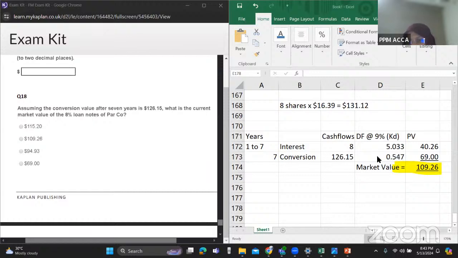Like in this case, we need 2 particular answers. No, there will only be 1 line, either interest or conversion. Mostly this will be when it is a redeemable debt. So in that case, you won't have a problem there. Basically, you will work backwards to get this percentage, KD. Yes, we will look at another question later where we will find KD. But in this case, we are finding the market value using the KD that they've already given to us.